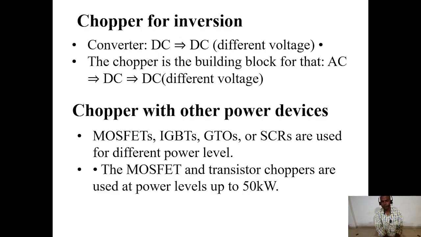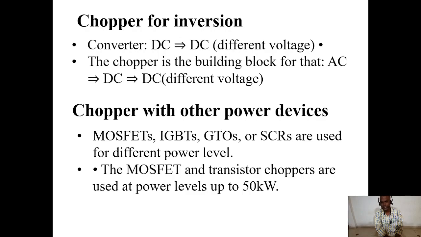And during the process of inversion and conversion, we are using different power electronic devices. Most probably those are MOSFETs, IGBTs and GTOs or silicon controlled rectifiers used for different power levels.